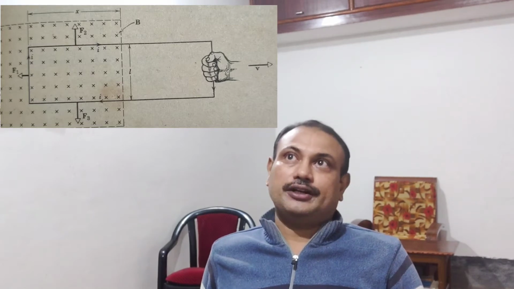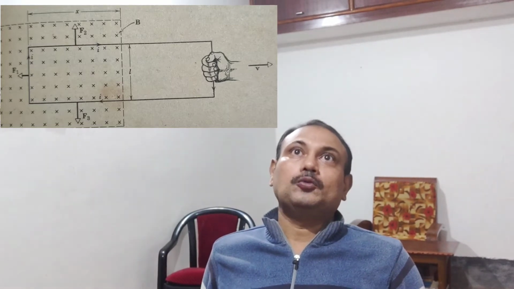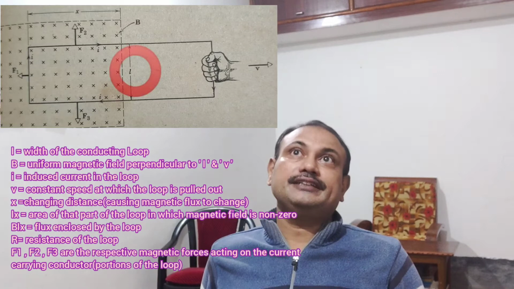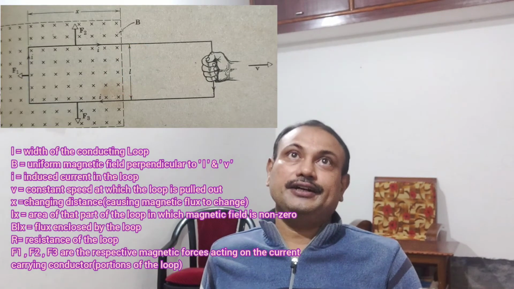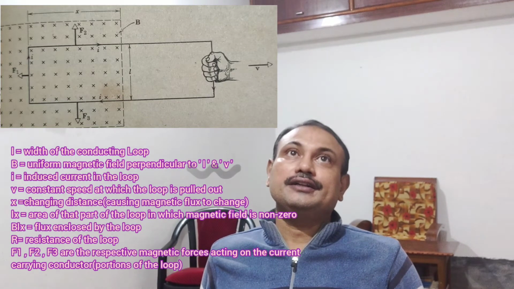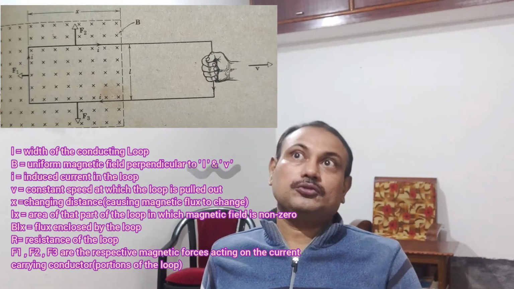Now let us look at the figure. Here we have the conducting loop. L is the width of the loop, which is present in a uniform magnetic field B, and the magnetic field here is perpendicular to both the length of the conductor loop and the velocity.